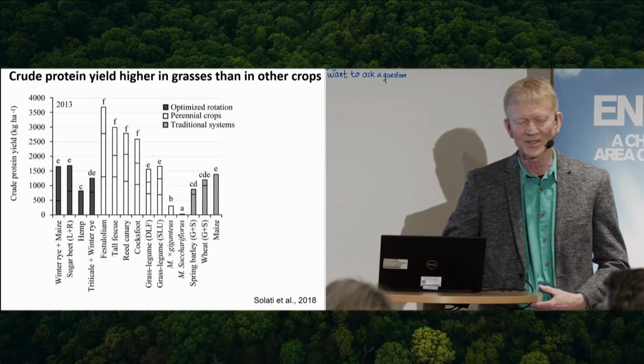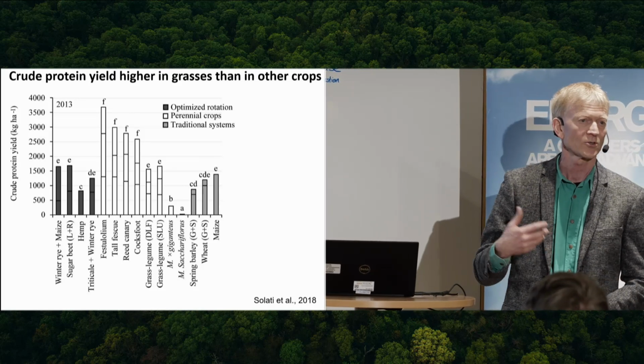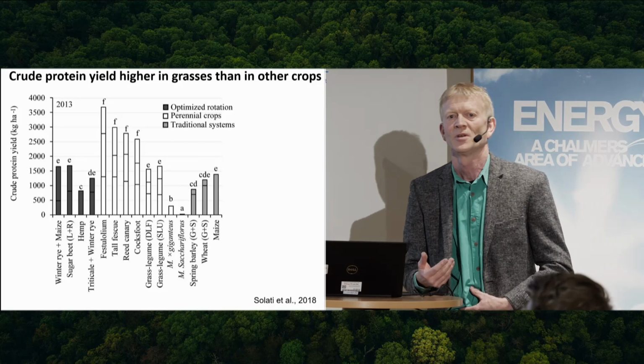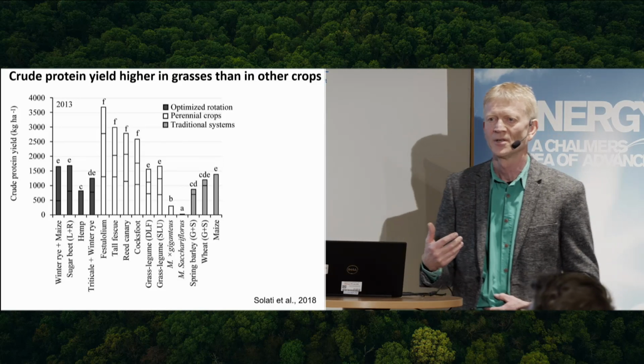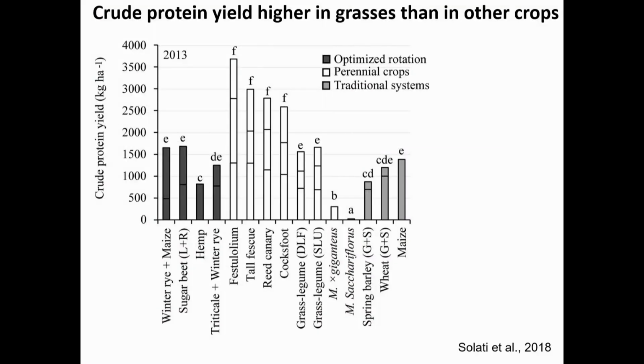And what we think is really interesting is that grasses and clovers, of course, we also have to remember the legumes, which have some benefits with the nutrient supply for nitrogen. And they are also very rich in nitrogen, the legumes. But also grasses, when we fertilize them, have a very high content of protein.